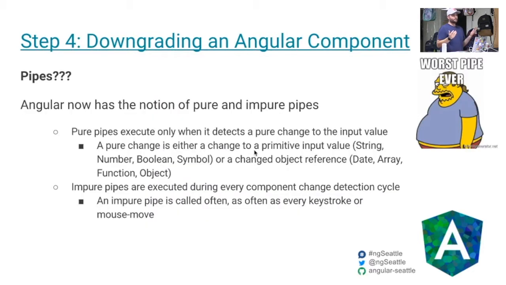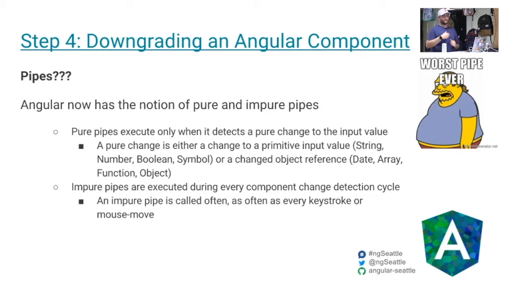And then pipes. You might have heard that pipes in AngularJS are not the best thing to use when it comes to performance, especially if you're using them in a large ng-repeat. The problem with pipes in AngularJS is that they are executed on every single change detection. So they're what Angular refers to as impure pipes.